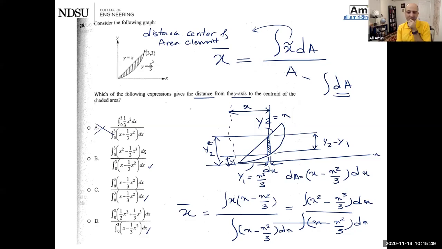X squared minus x cubed, this sounds okay, but let's just check the others quickly. Nope. Nope. So it's going to be option B as my answer. Again, the key to this problem was just drawing that little element and figuring it out from there. Okay, questions? Any questions about any of the stuff that we covered?